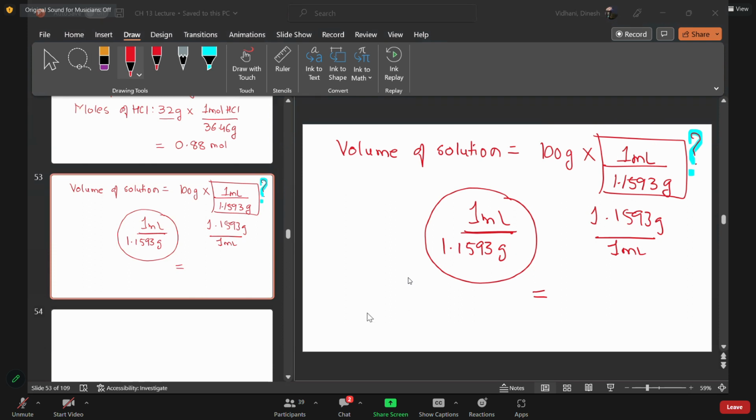How much volume are we looking at? 86.26 milliliters. All of you got that same answer, 86.26. Good.